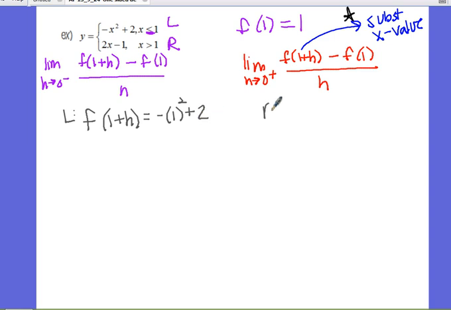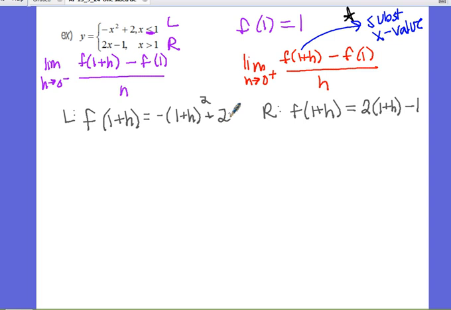For the right side of the function, if I want to find f of 1 plus h, then I'm going to use the right side function, which is 2x minus 1, and I'm going to do 2, the x is now 1 plus h, and then minus 1. Okay, so I notice I have a little mistake. I forgot the h here. My bad. So going back, it should be negative 1 plus h squared plus 2.